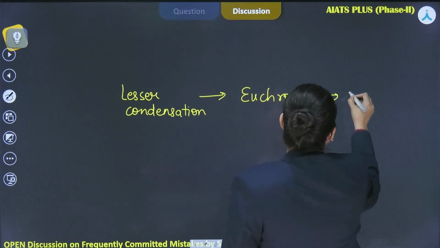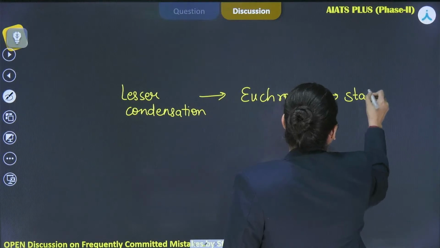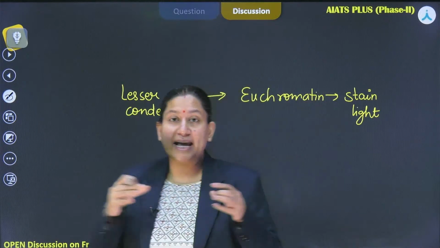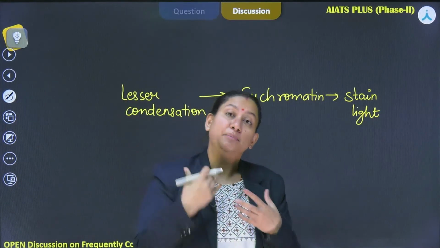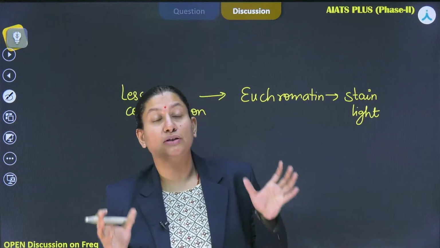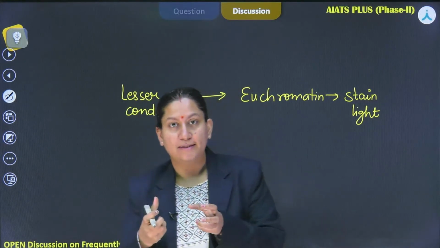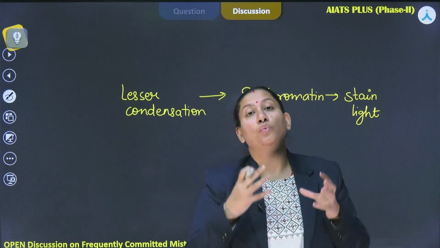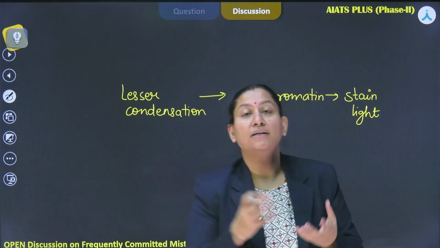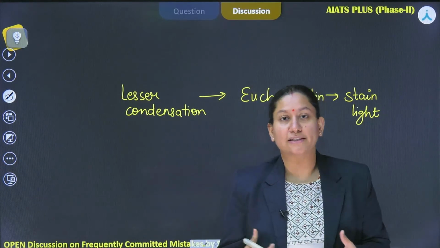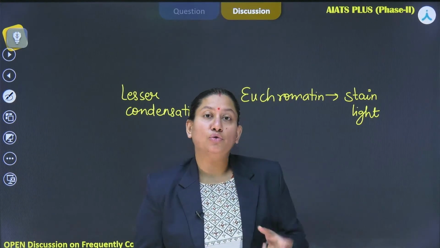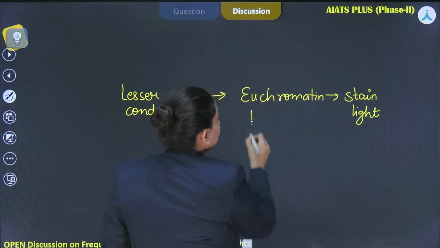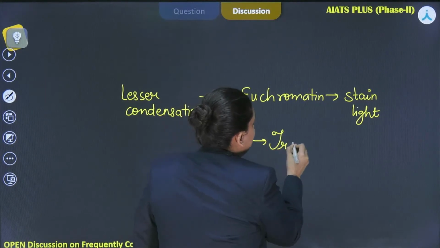And because of this looser condensation, it will stain light too. So those areas are going to take up the stains. Similarly, because the DNA region is still loose, or we could decondense it back, right? Because of the presence of the looser region, we can also accommodate certain proteins in order to perform transcription, right? So these enzymes could also access these particular sites, and that is the reason why euchromatin is transcriptionally active, right?